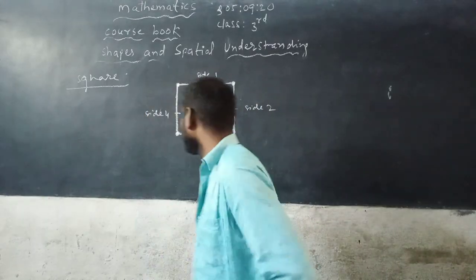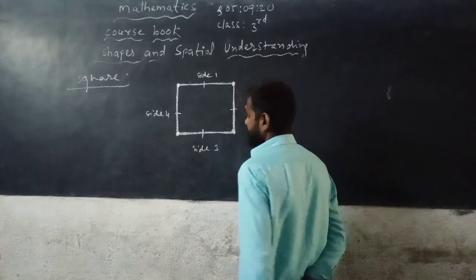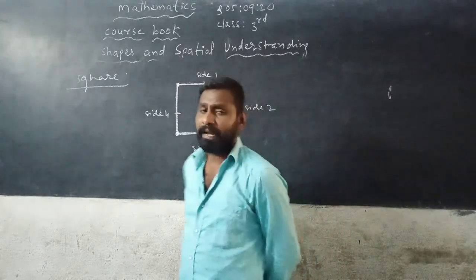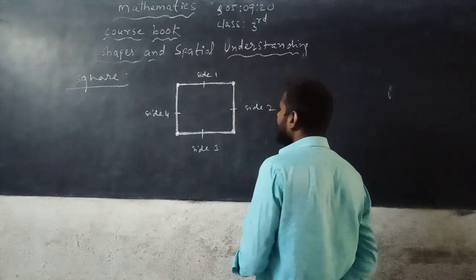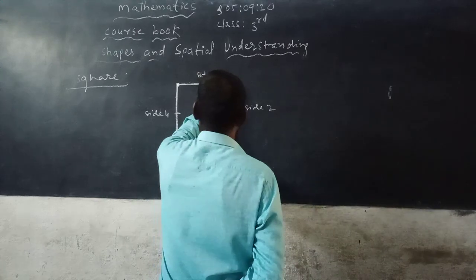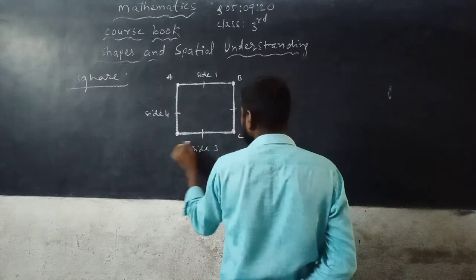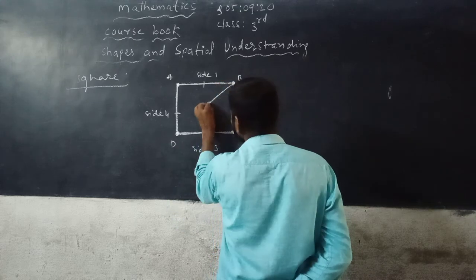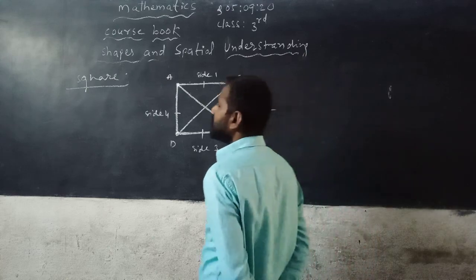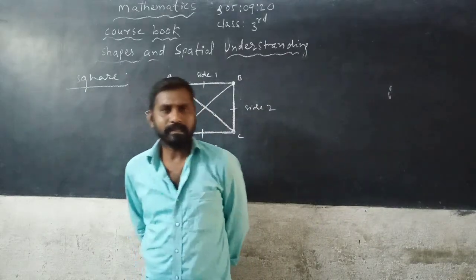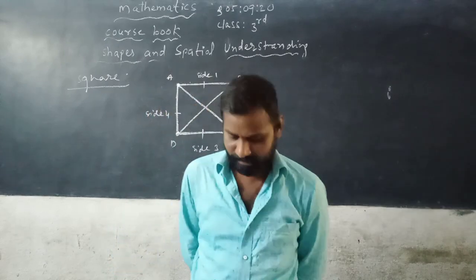See here, the opposite corners: by joining a line, we can make a diagonal. See, A, B, C, D. Now next, AC. It has 2 diagonals. These 2 diagonals are also equal in length.